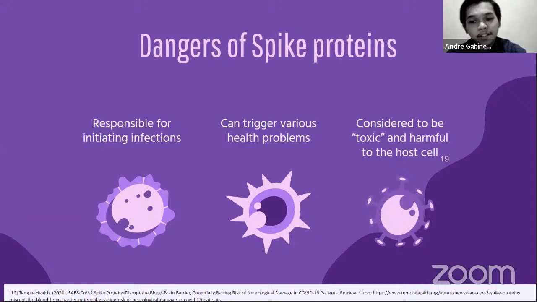Let us now proceed with the dangers of spike proteins. The severe acute respiratory syndrome coronavirus 2 is the virus that is driving the worldwide outbreak of COVID-19 illness. SARS-CoV-2 and other viruses are able to infiltrate host cells and induce infection due to the presence of spike proteins. The spike protein also attaches to receptors which line the small veins that go through the heart. This binding triggers a chain of events that disrupt normal cell function and may result in the release of inflammatory chemicals.